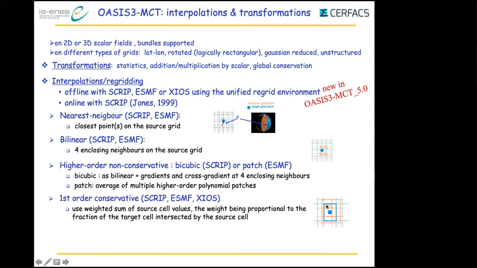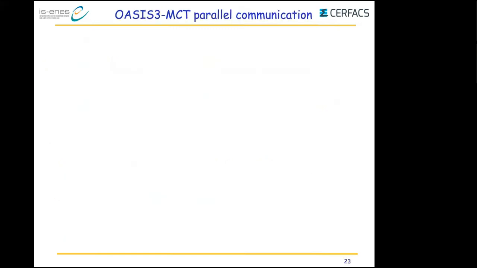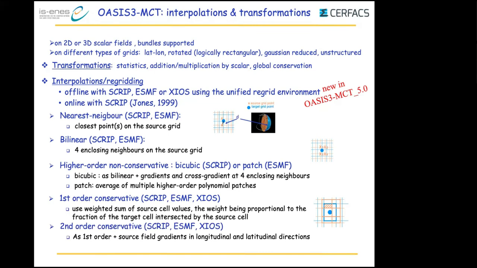That's how the conservative remapping works. And you have first order or second order. I will talk a little bit more about this new functionality of calculating the weights with ESMF or XIOS and the work we did to benchmark those libraries in the third part.